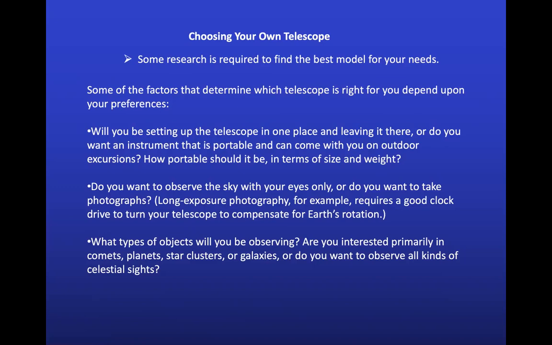But at the same time, this kind of telescope becomes very heavy, and with larger telescopes you cannot remove parts and take it to another place. So these are the pros and cons of having large telescopes.